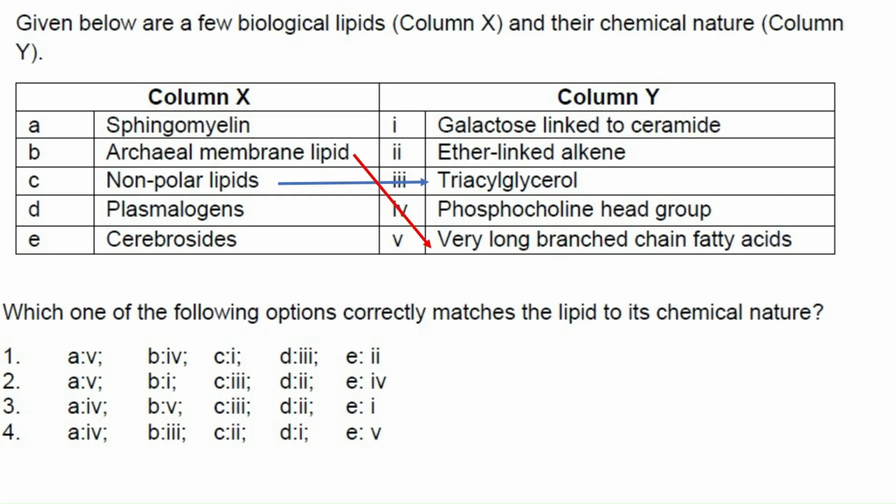So, B5, and there we have our answer, that is option 3. But let's match the rest of them. Cerebrosides are galactose linked to ceramide. Plasmalogens have ether linked alkene on the first carbon of glycerol. And finally, sphingomyelins have phosphocholine head group. So the correct answer is option 3.